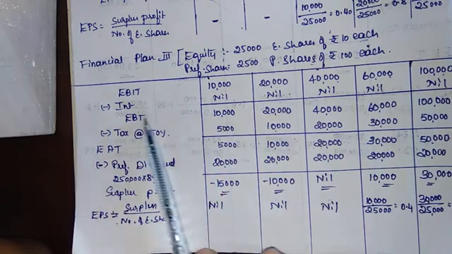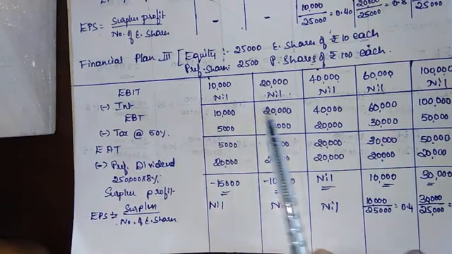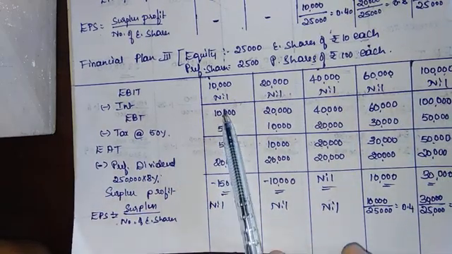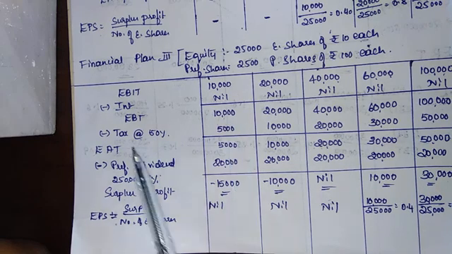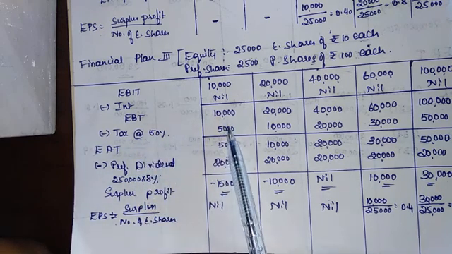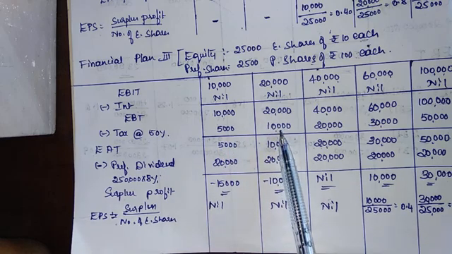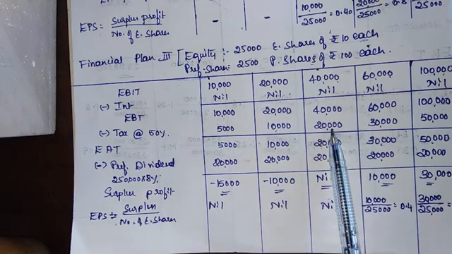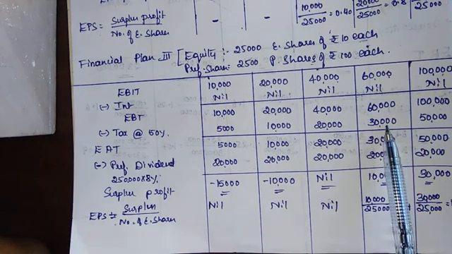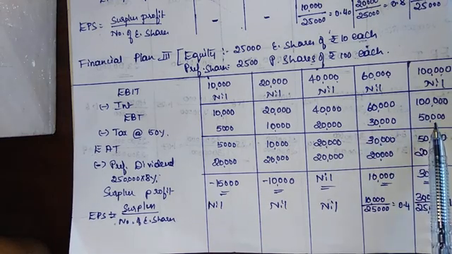EBT remains the same as EBIT. Less tax at 50%: 5,000, 10,000, 20,000, 30,000, 50,000.